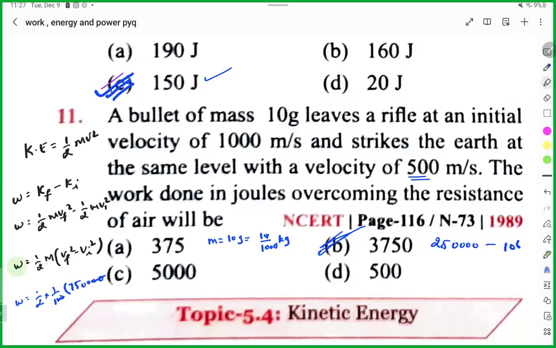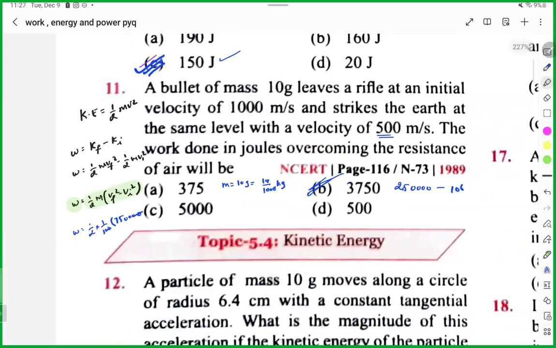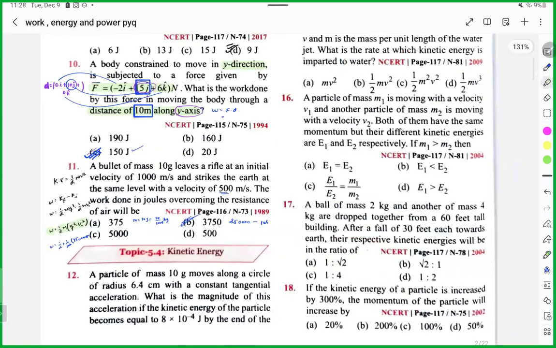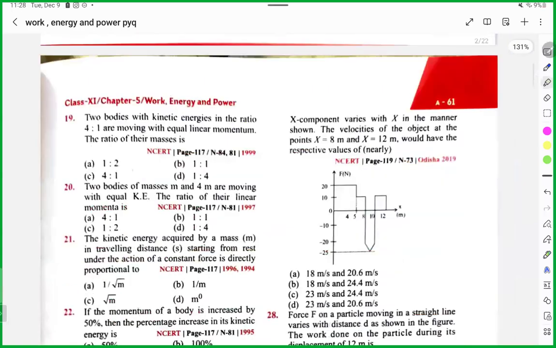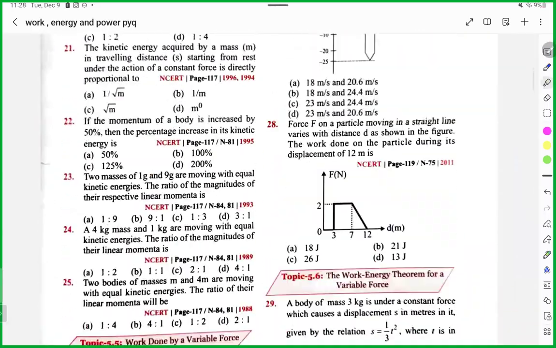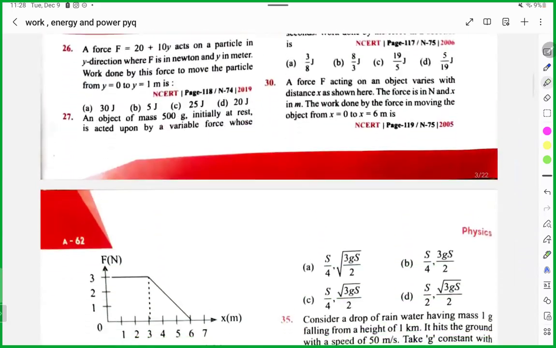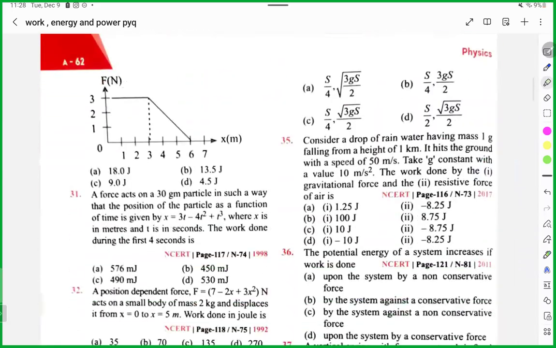Work done is equal to, and we are going to use this a lot in the work energy theorem. We will use the same equation. I have seen some questions from this topic. See, you have this in 2019: variable force, kinetic energy, a simple question. Work energy theorem in variable force, we're going to use it.